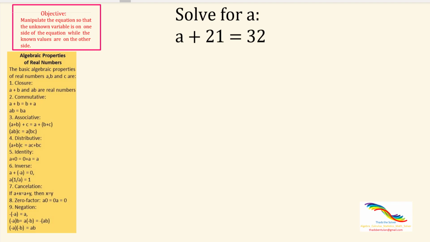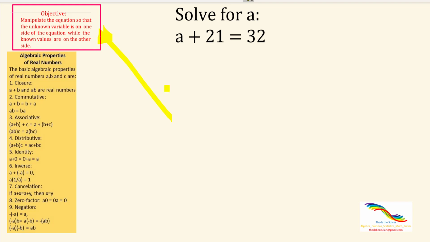First, I'm trying to show you there are some tips here on the left. The objective is to manipulate the equation so that the unknown variable is on one side of the equation, while the known values are on the other side.